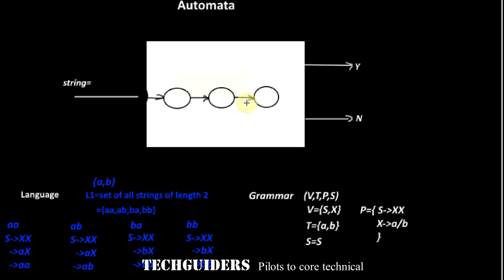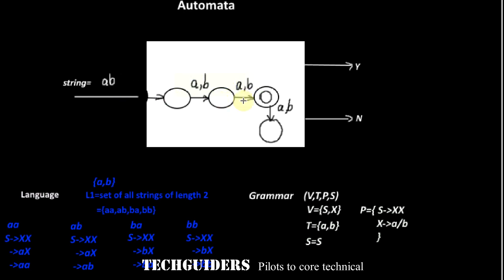For example, this is an automata for our language L1, the set of all strings of length 2. Suppose we give the string AB to automata. In the beginning, automata is in some initial state. It reads the symbols from the string one by one. The first symbol is A, so automata will move to this state.